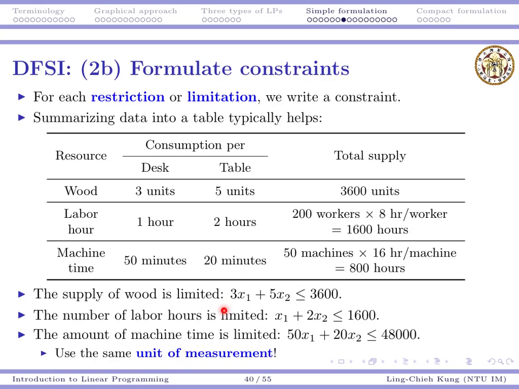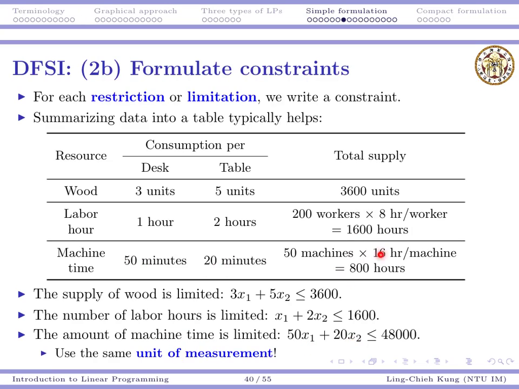The sum of them is the total amount of wood we use. This cannot be greater than the amount we have. So we have this supply constraint. For labor hour it is the same thing, right? x1 plus 2x2 cannot be greater than 1,600. For machine time it is the same thing, 50x1, 20x2.